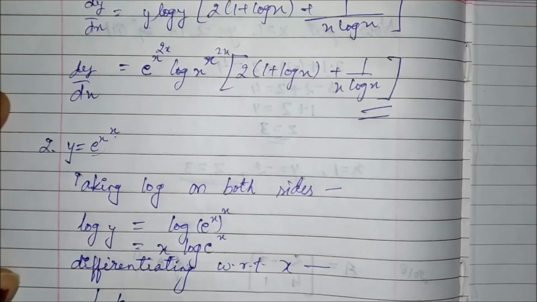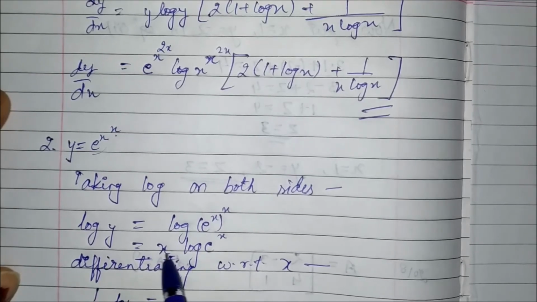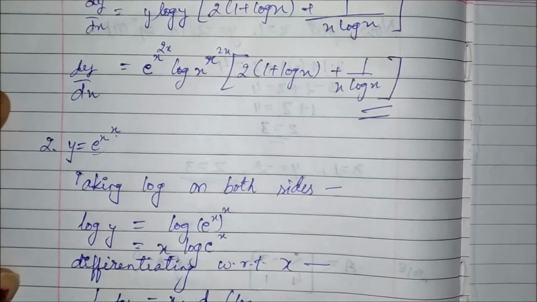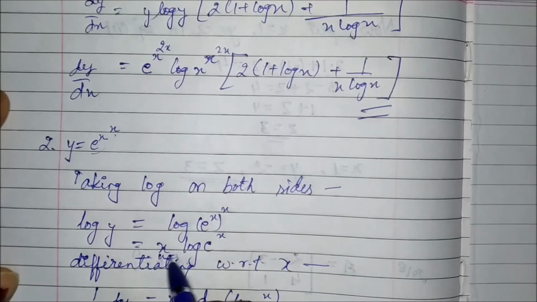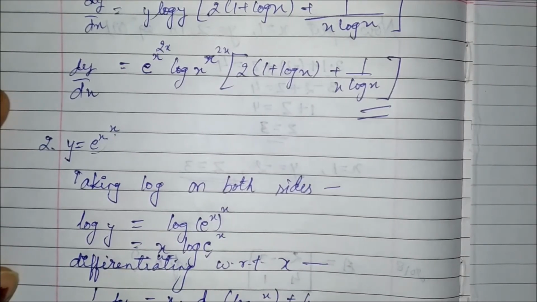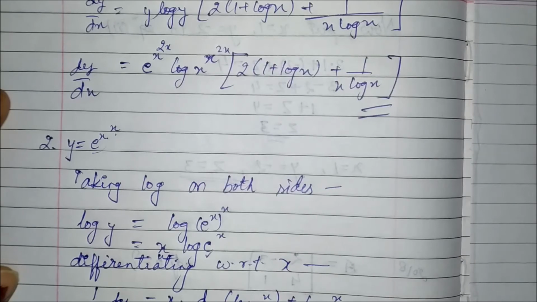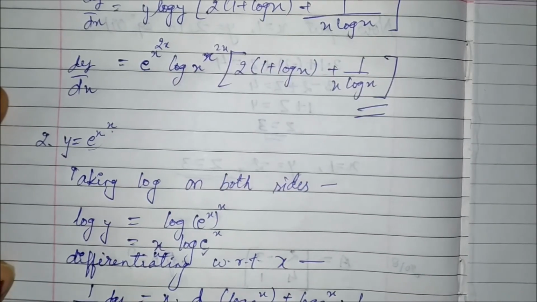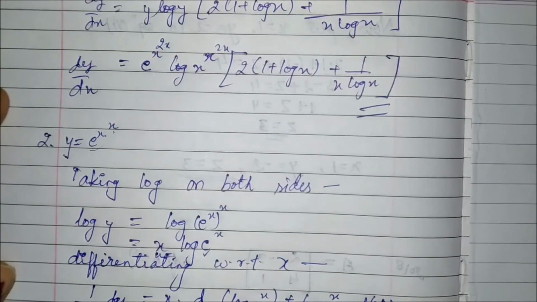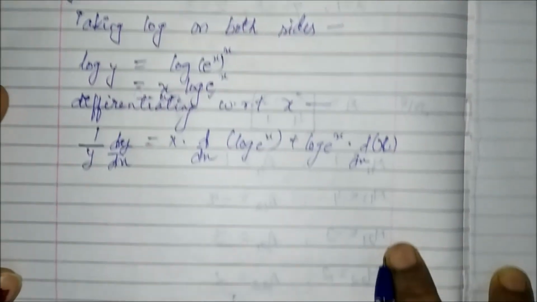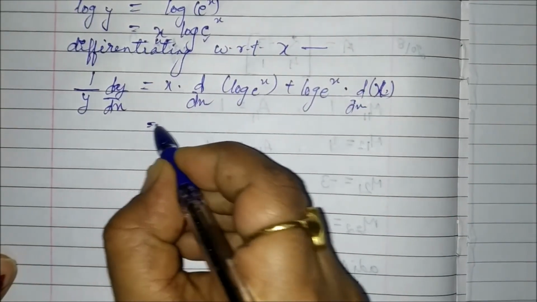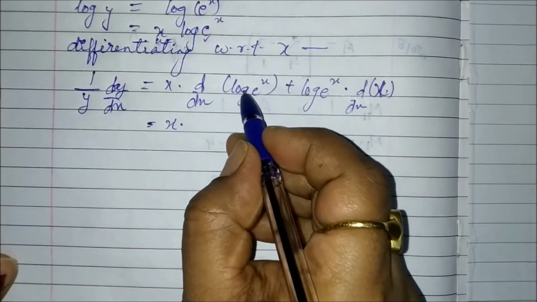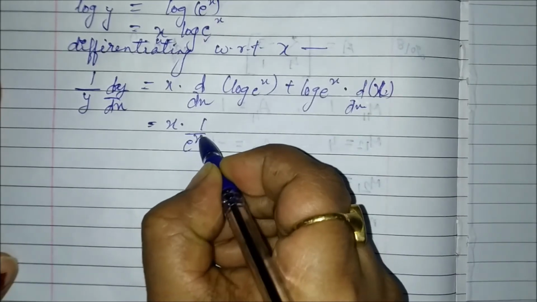So 1 upon y dy by dx equals x into d by dx of log e raised to x, by using u into v, plus log e raised to x into d by dx of x. So x into the derivative of log, which is 1 upon e raised to x.